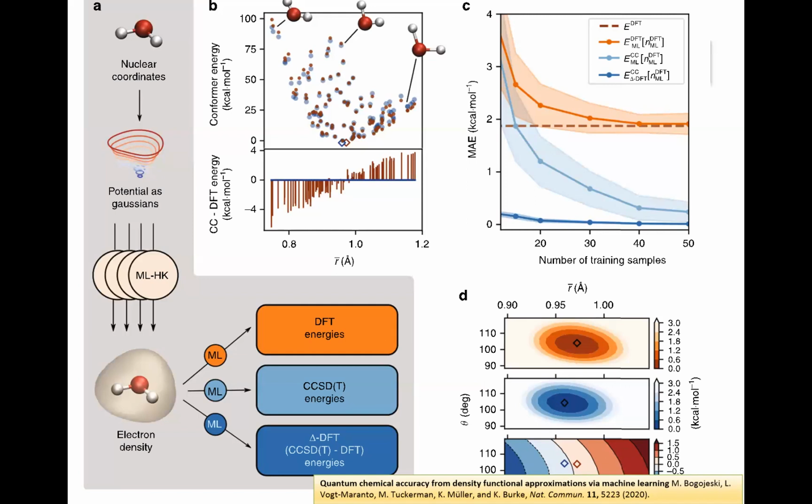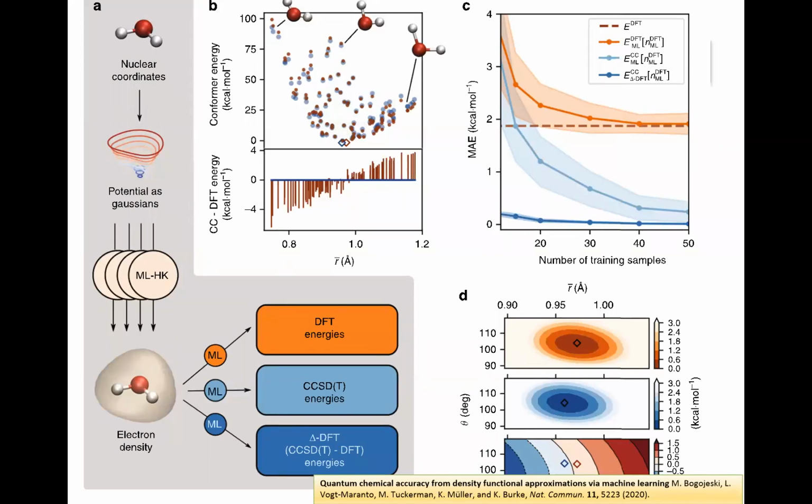So here, what we learned was the difference in the energy and the forces between the density functional and the coupled cluster. You can see that this learning curve is much faster; by the time you have just 20 training samples, you have almost no error. It's much easier to learn the difference between the two than either of them separately.